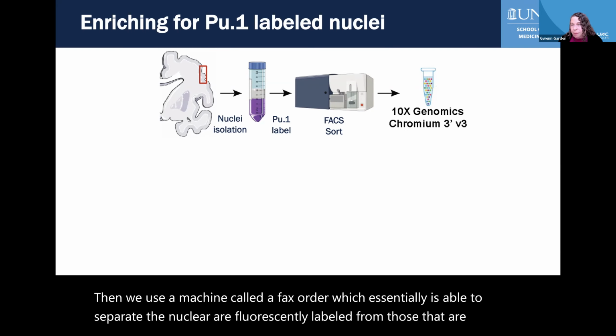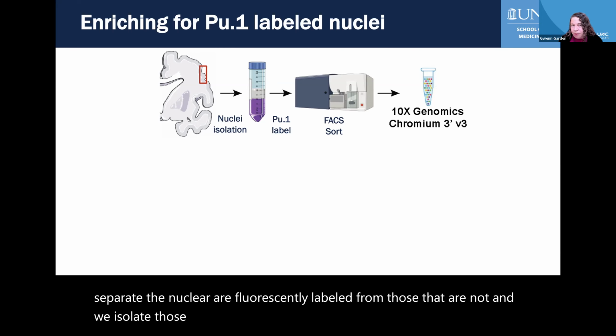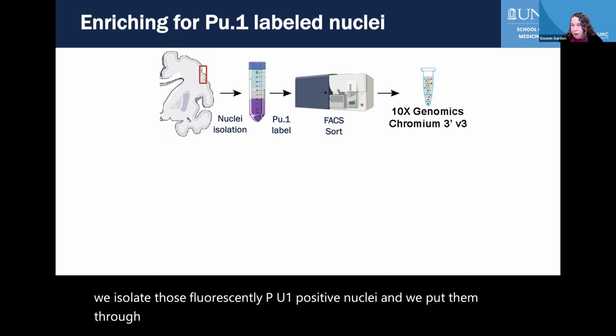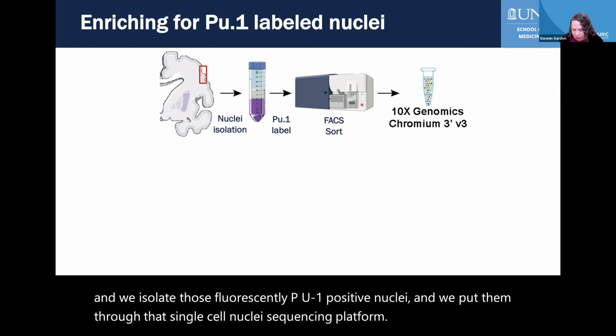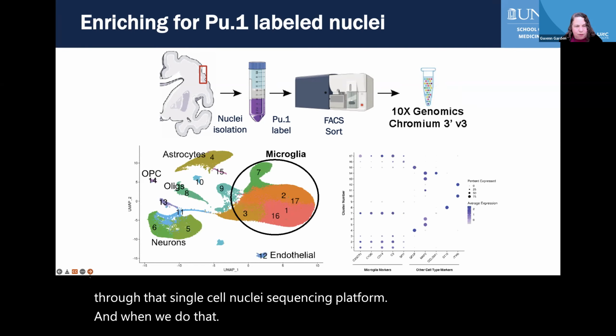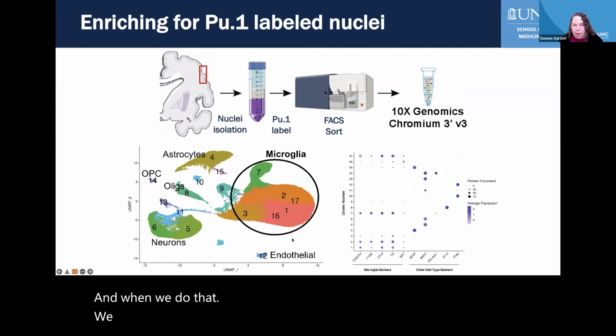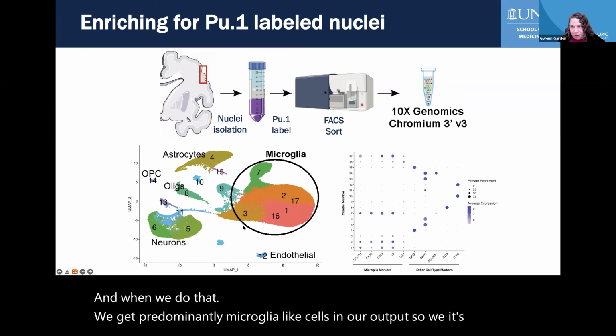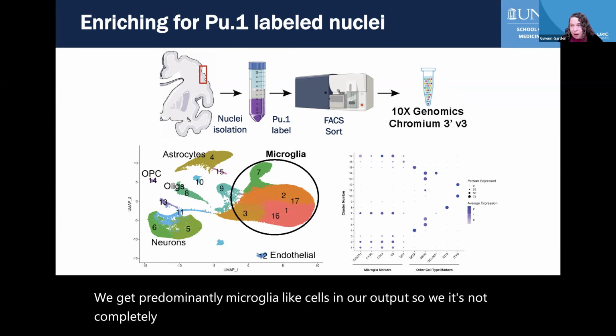And we isolate those fluorescently PU.1 positive nuclei, and we put them through that single nuclei sequencing platform. And when we do that, we get predominantly microglia-like cells in our output. So it's not completely pure microglia. Some nuclei get through that are not microglia.